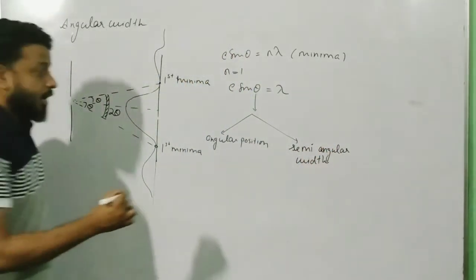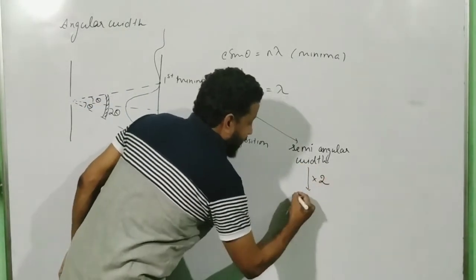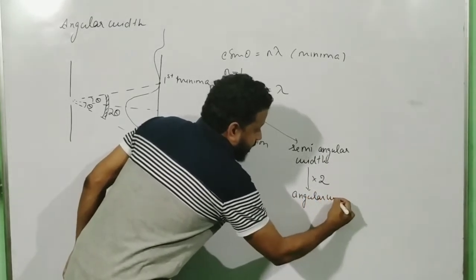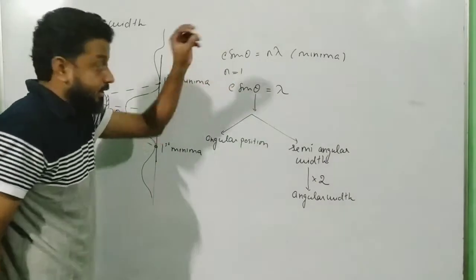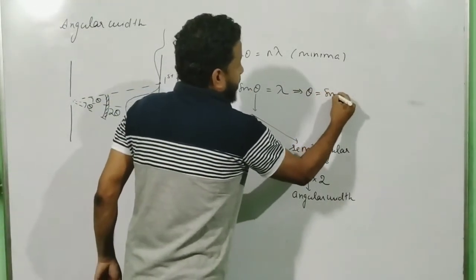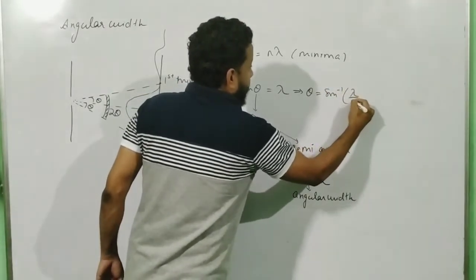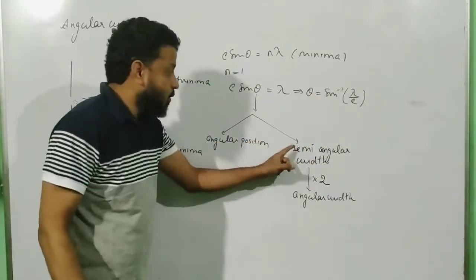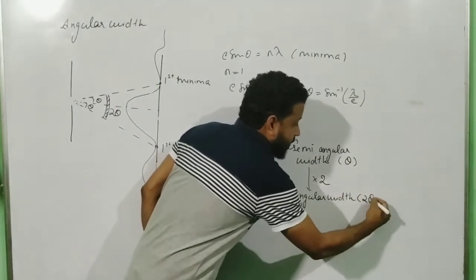And if I multiply this angle by 2, that is called angular width. So the theta value, not sin theta, how will you find theta? You can find the theta value by using your calculator, which is allowed in the exam. That is the sine inverse of lambda by e, and you can quickly calculate. So that theta is called semi-angular width and angular width is 2 theta.